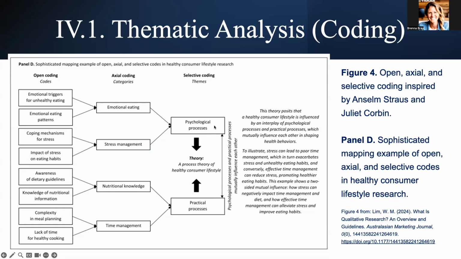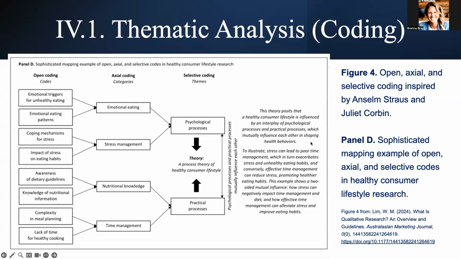And these themes would be psychological processes and practical processes. And together, we would start to identify a theory, or a process theory, of healthy consumer lifestyles. So here, the theory is psychological processes and practical processes mutually influence each other.